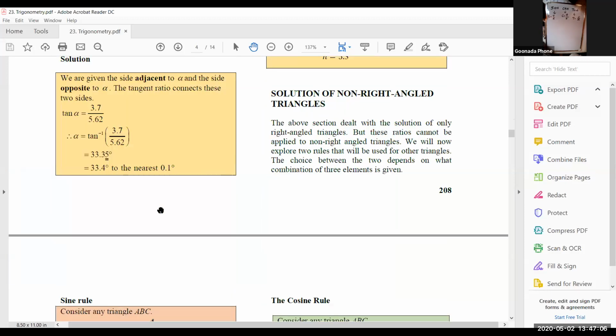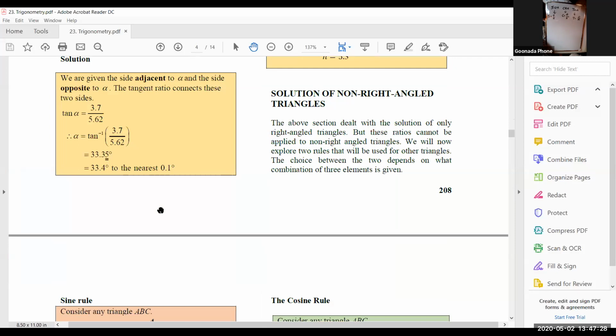So, solution of non-right angled triangles. The above section dealt with solution of only right angled triangles, but these ratios cannot be applied to non-right angled triangles, right? So we will now explore two rules that will be used for other triangles.